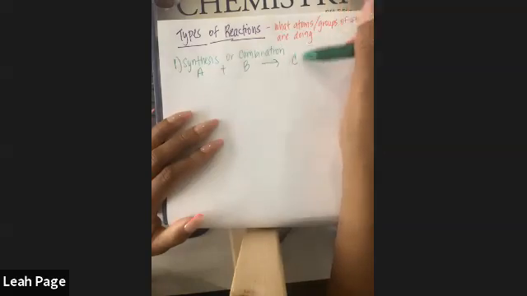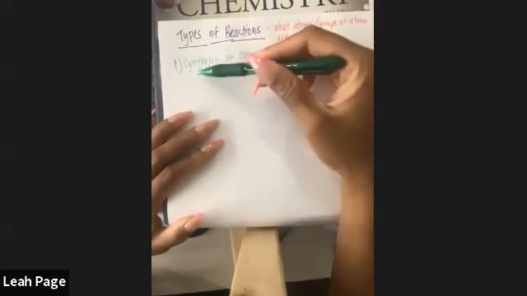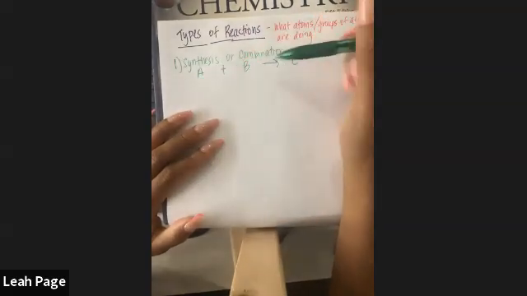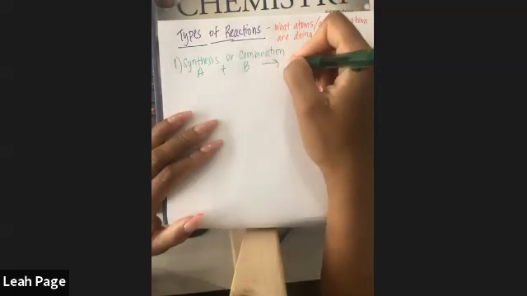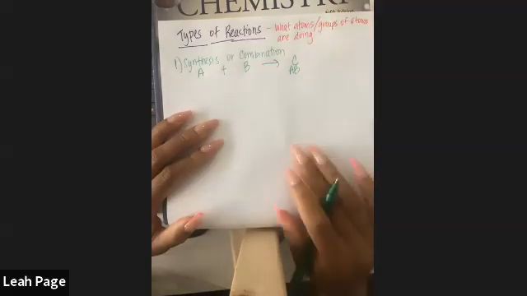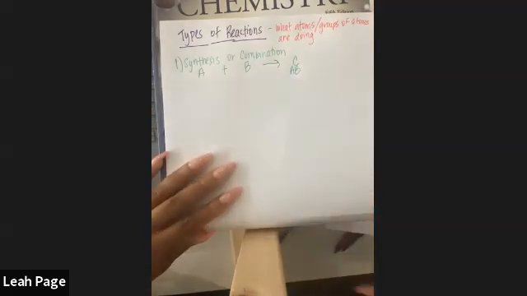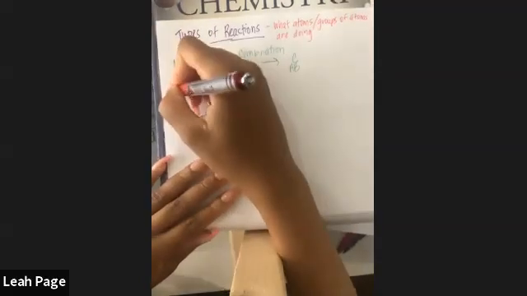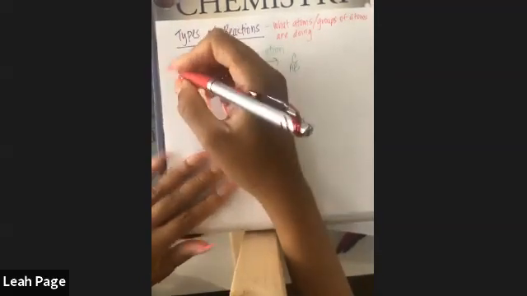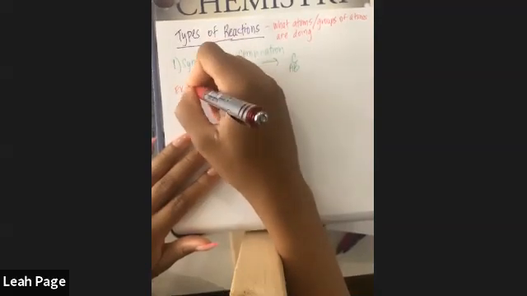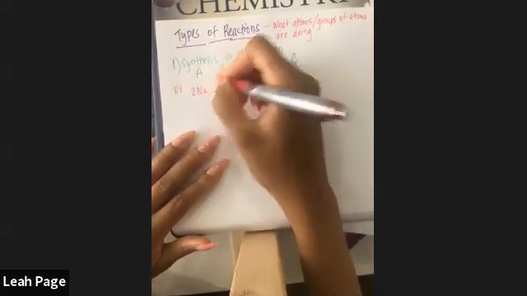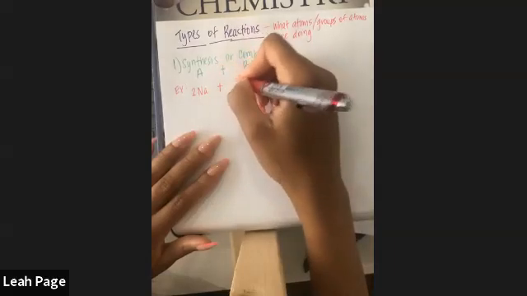Synthesizing means we're making something new. Combination means we're combining these two things to make this. Another way of saying C is just it's A and B combined. So let me give you an example of a synthesis reaction. An example would be, let's say we have, for instance, sodium plus chlorine gas.